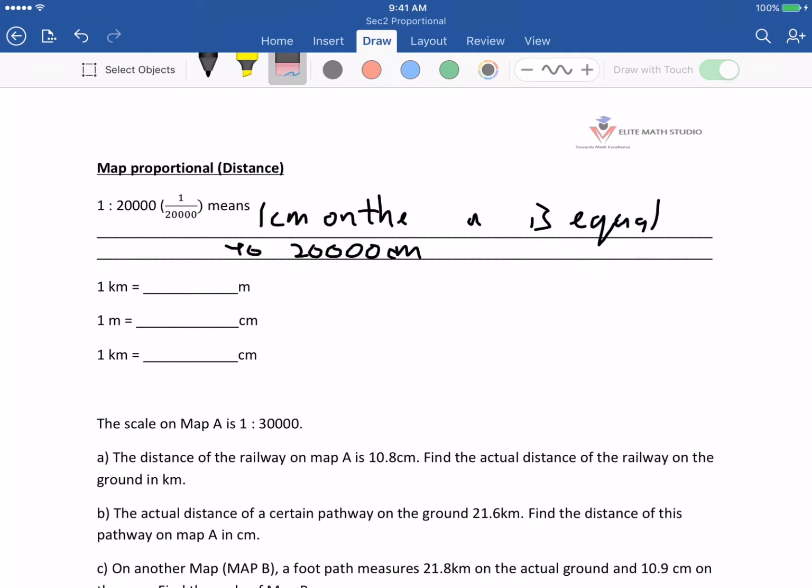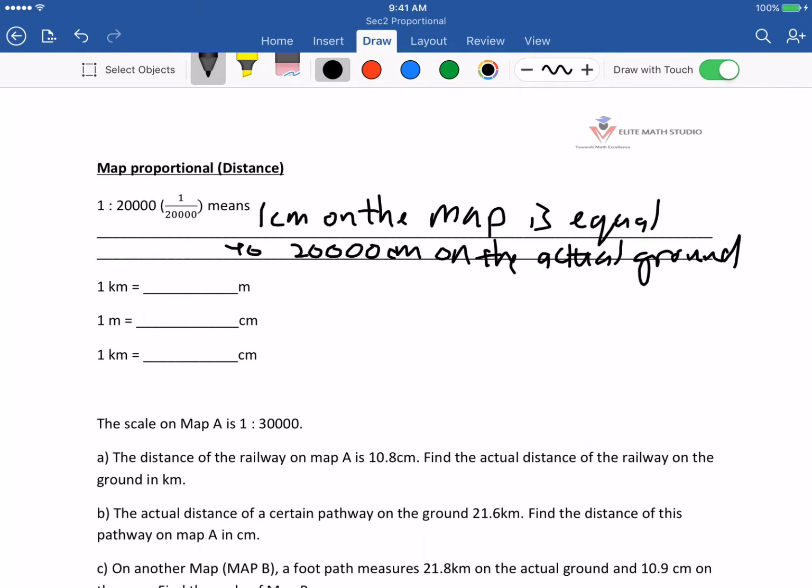Same thing, 1 is to 30,000 means 1 cm on the map is equivalent to 30,000 cm on the actual ground.